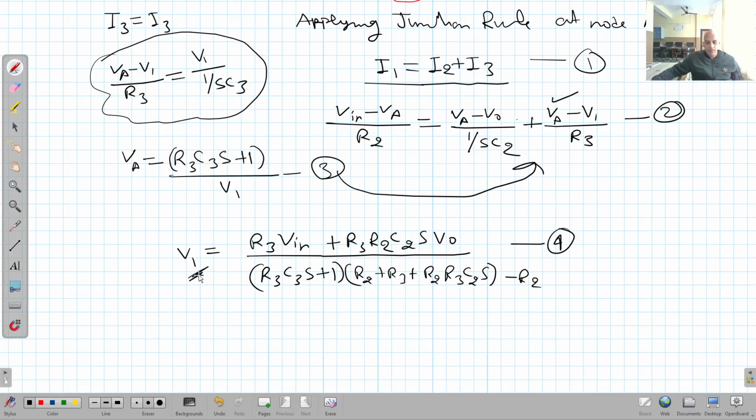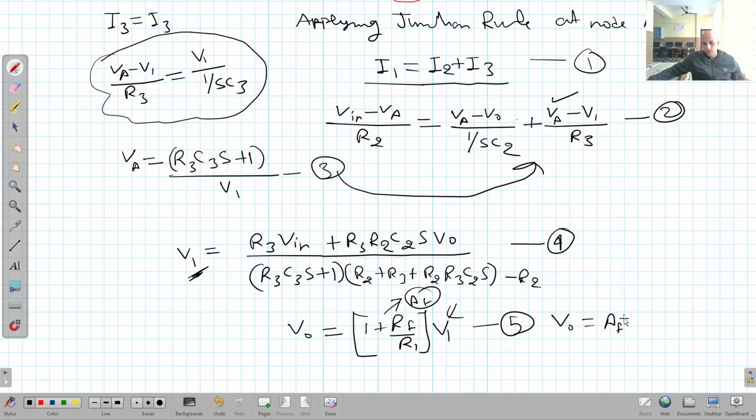for V1. Clear? Now we know V output is equal to 1 plus RF upon R1 into V1, equation number 5. So now I'm going to put the value of V1 here and let this be equal to AF. We know it from the theory of operational amplifier. So V output is equal to AF into V1. Clear? So V output will be: we will multiply this term by AF.